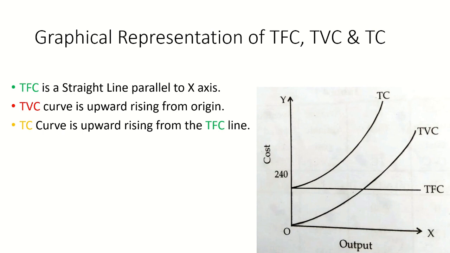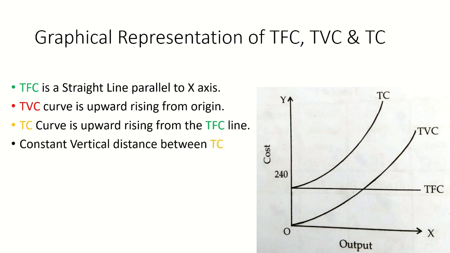And next one is, the TC curve is upward rising from the TFC line. It's mainly because when there is no production, TC is equal to TFC. So the TC curve is upward rising from the TFC line.